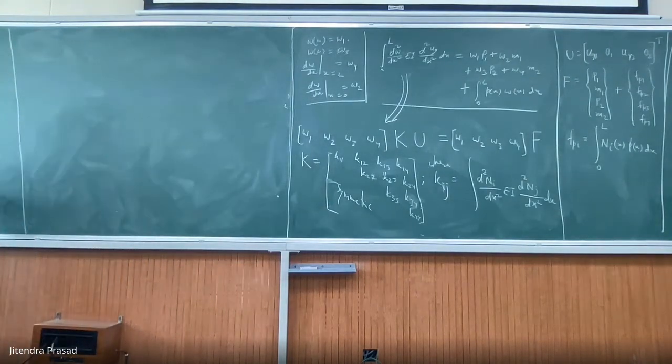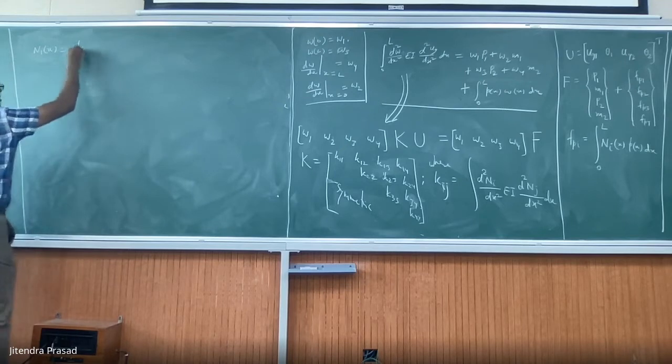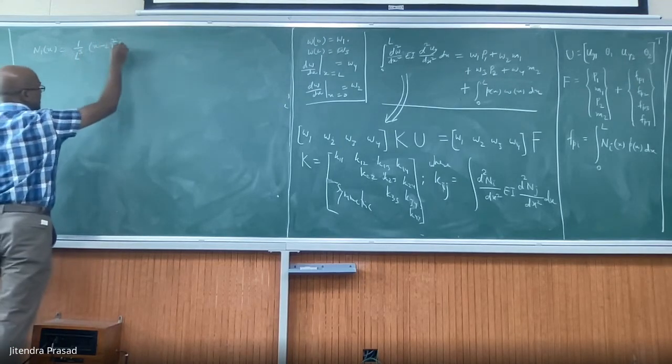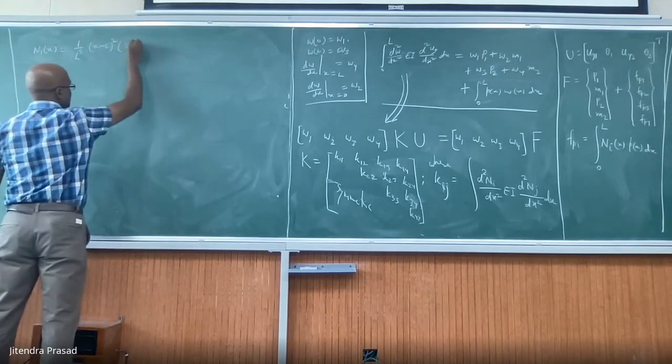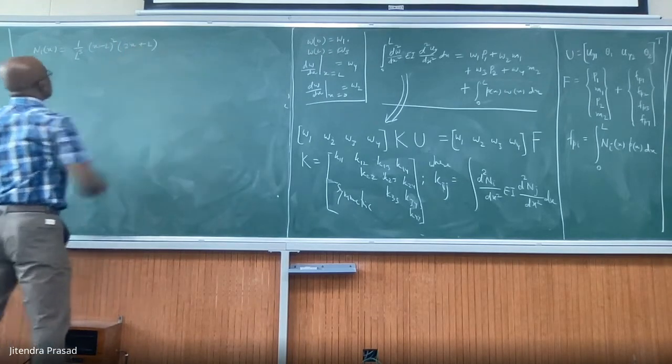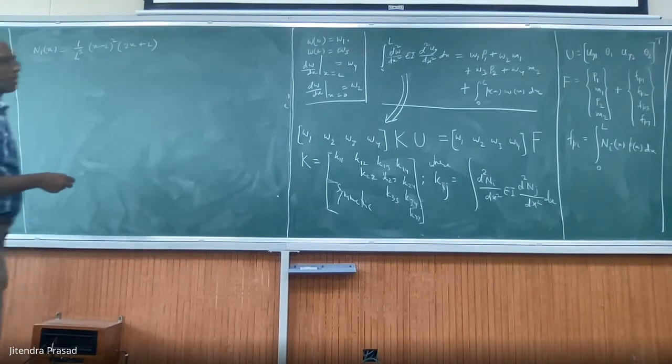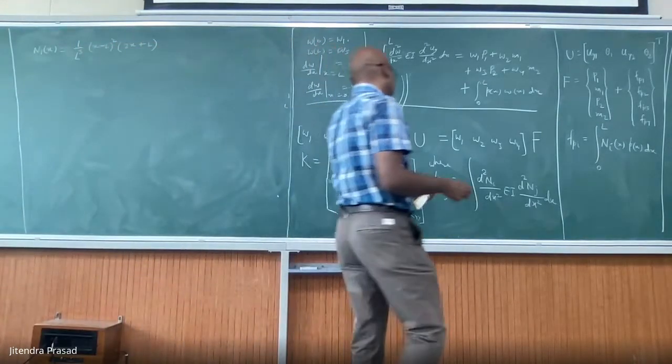We'll take one example. One example means N1, what is the value of N1? You say 1 over L cube, then you say x minus L square, and you say 2x plus L, right? Is that correct? Yes, sir. So let's find out K11.